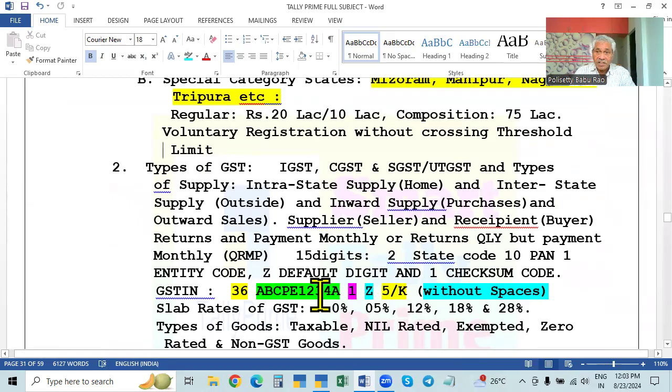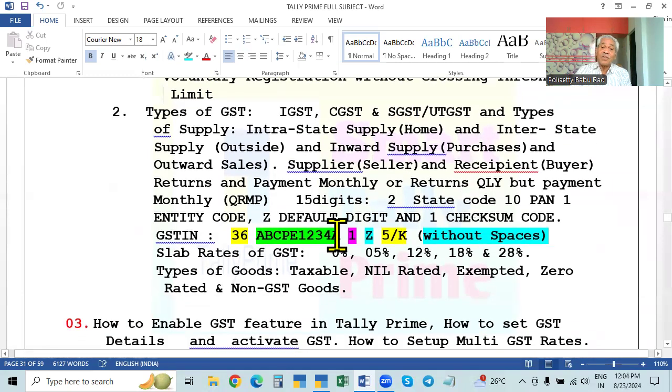So the GST department will allot a registration number to every person registered under the Act, and that registration number includes the PAN card number.